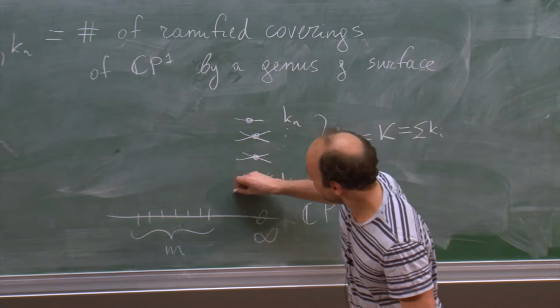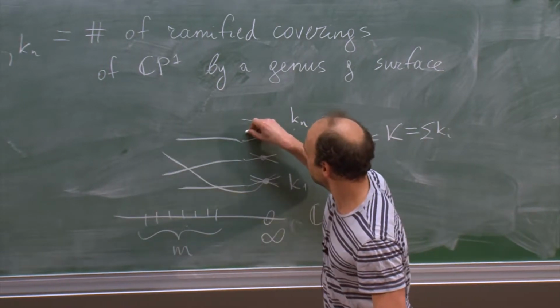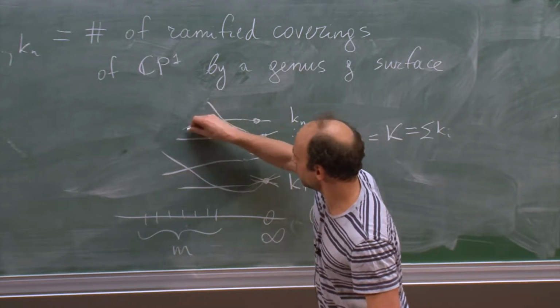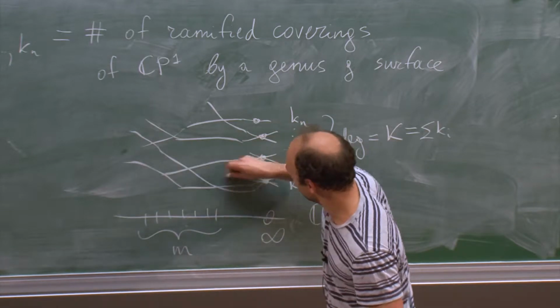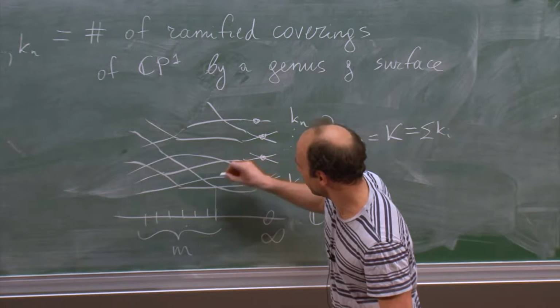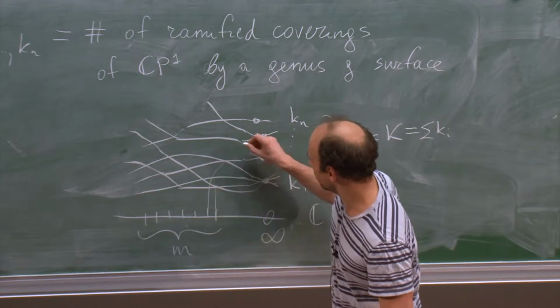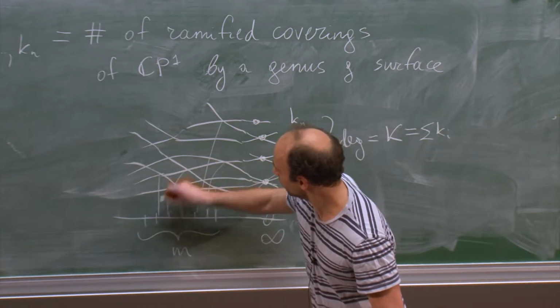And then I have as many simple ramification points as needed. I don't know how to draw that, something like that. All these are simple ramification points, and their images are all fixed here in the target.